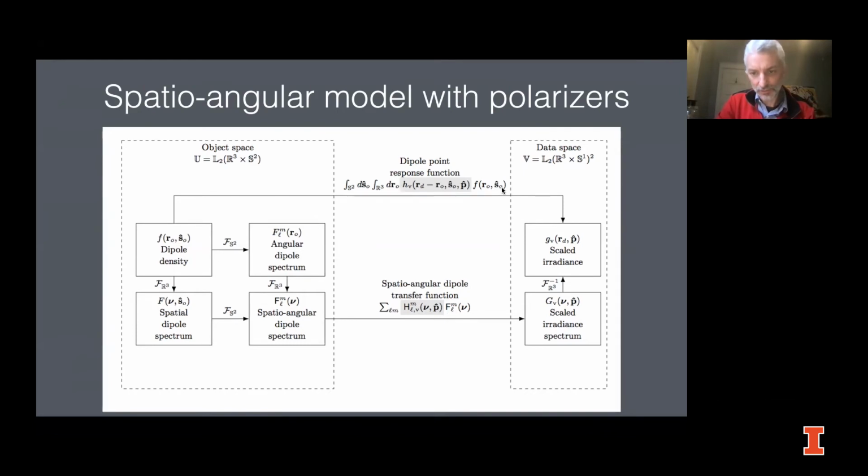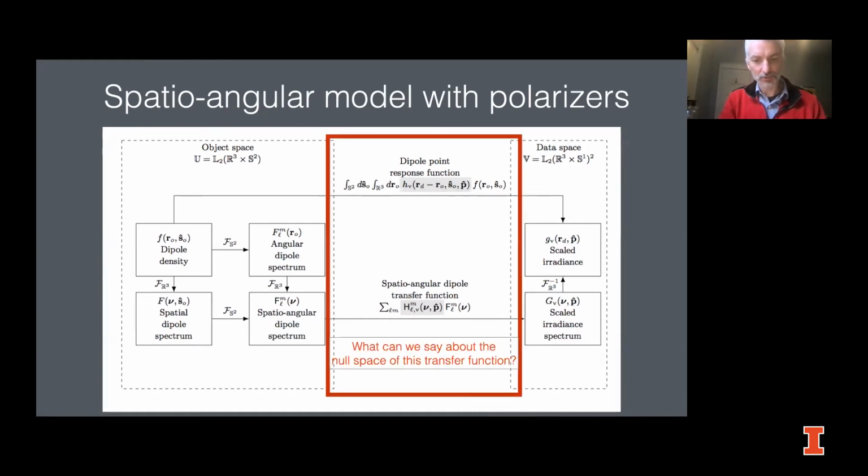Okay, so instead of reconstructing f of r naught, s hat, where s hat can take on any possible value on the surface of the sphere, as a continuous function, or if we discretize the problem, could involve tens of thousands of sample locations on the sphere, down here we've simplified our problem as one of reconstructing just a finite number of spherical harmonic coefficients. And we know there's no loss of information because only a finite number of them are estimable in the first place because of the null space that we characterized.